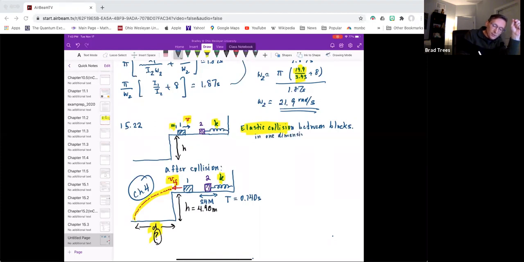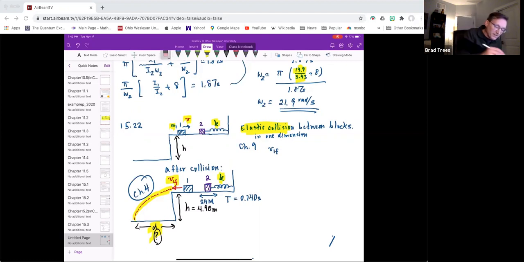I remember from chapter 9 that if I have an elastic collision between two particles in one dimension, and we even called them 1 and 2, and particle 2 was initially at rest, then there was a set of canned formulas for finding the V's of the particles after the collision.